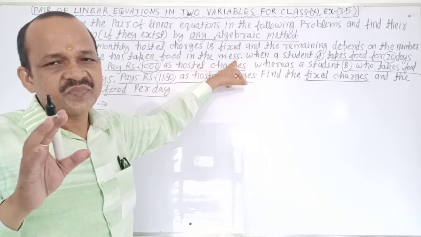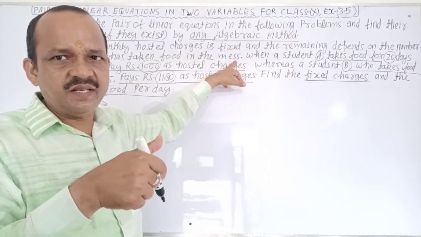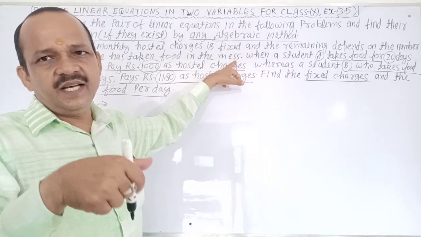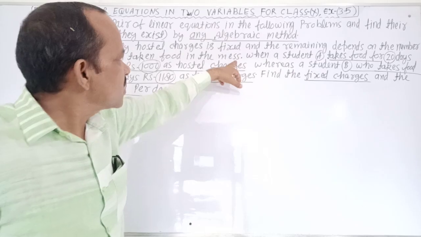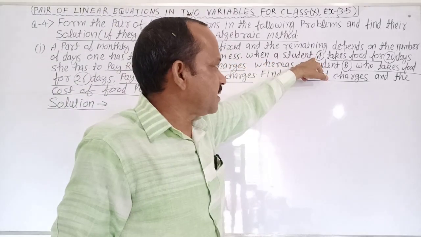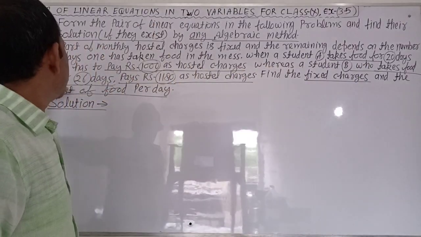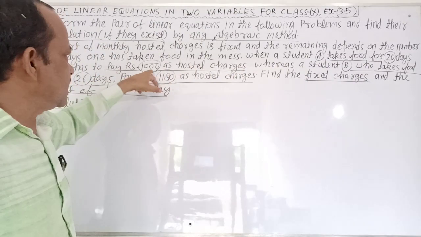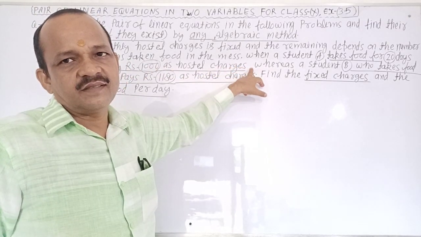Here are two types of charges: first fixed charge, second additional charge for taking food. Clear? When a student A takes food for 20 days, she has to pay Rs 1000 as hostel charges.